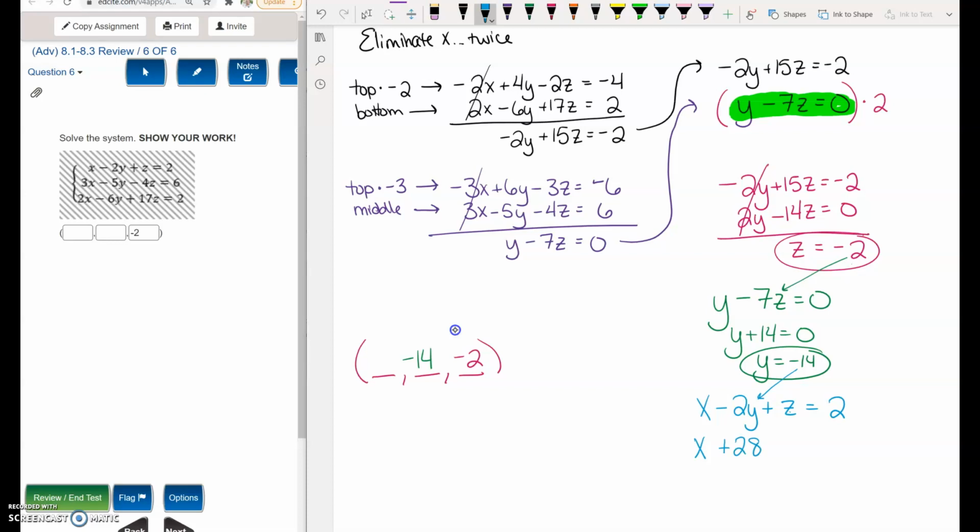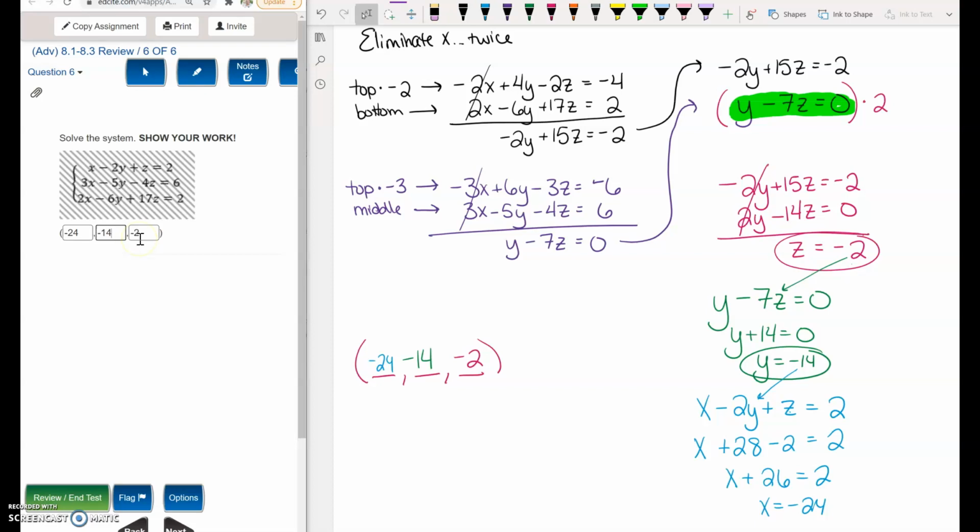Our z is negative 2. So x plus 26 equals 2. Subtract 26 on both sides, and we get x equals negative 24. So our final answer here is negative 24 and negative 14 and negative 2.